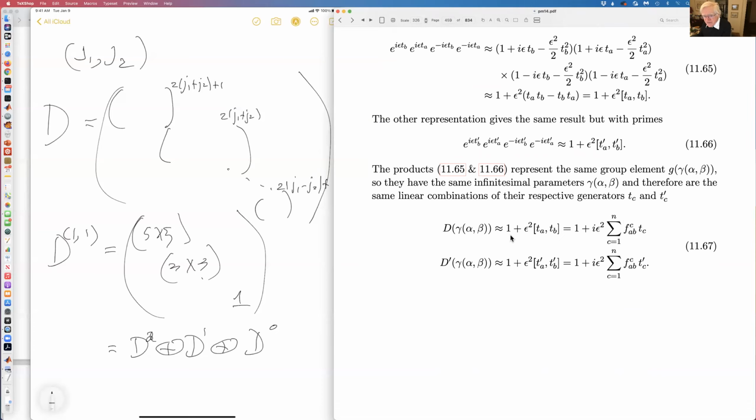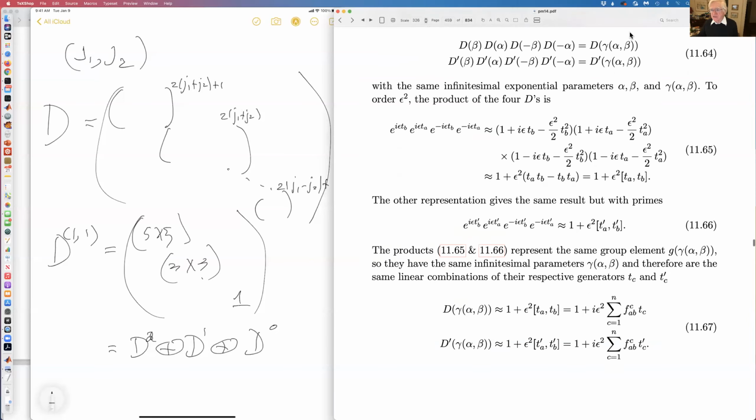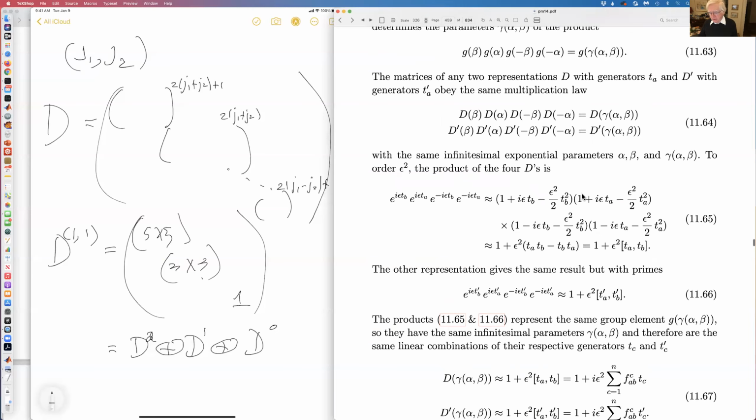And so we have that 1 plus epsilon squared, the commutator of T_A with T_B, is 1 plus. And now what would this be? Well, it's just some arbitrary linear combination of the generators, but it has to be the same arbitrary linear combination of the generators because it's representing the same gamma here.